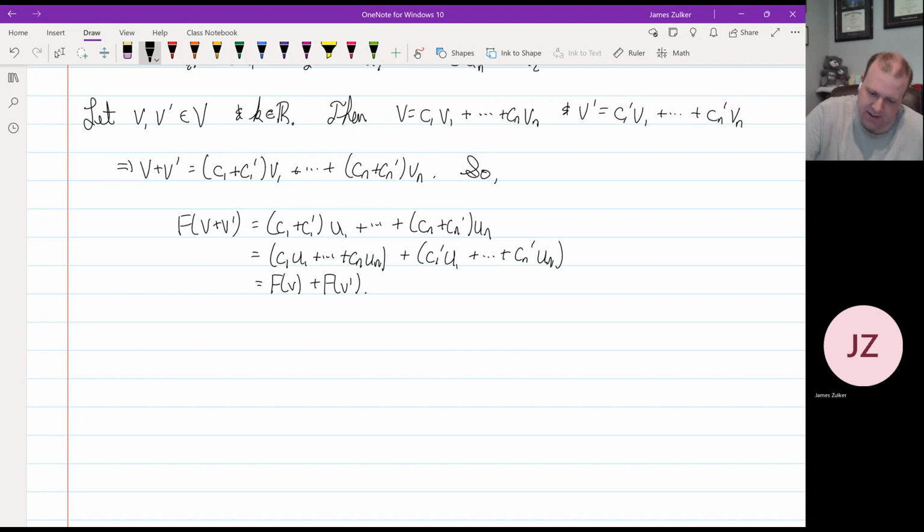If we look at k times V, this will be kC1V1 plus so on and so forth.